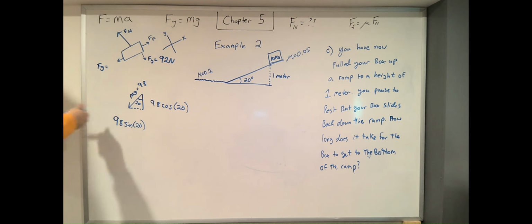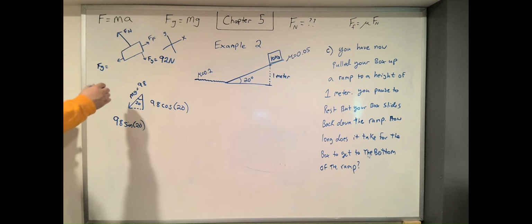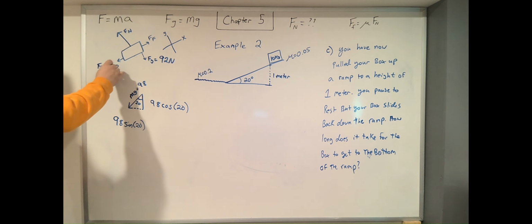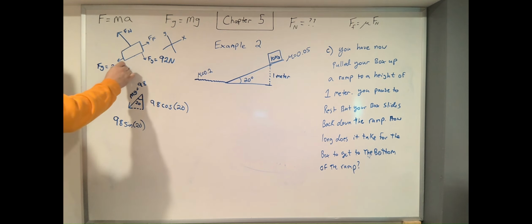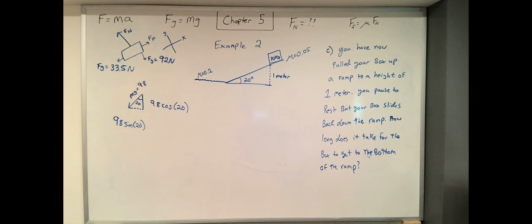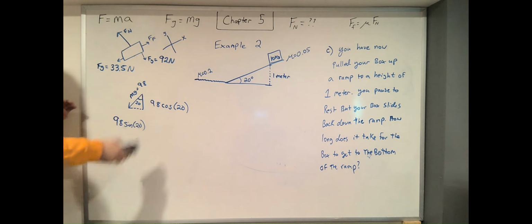Let's do the negative x, so that's going to give us 98 sine of 20. 98 sine of 20 gives us 33.5. Okay, hopefully that makes sense. We are getting in depth here. Okay, now I've done my little trig.